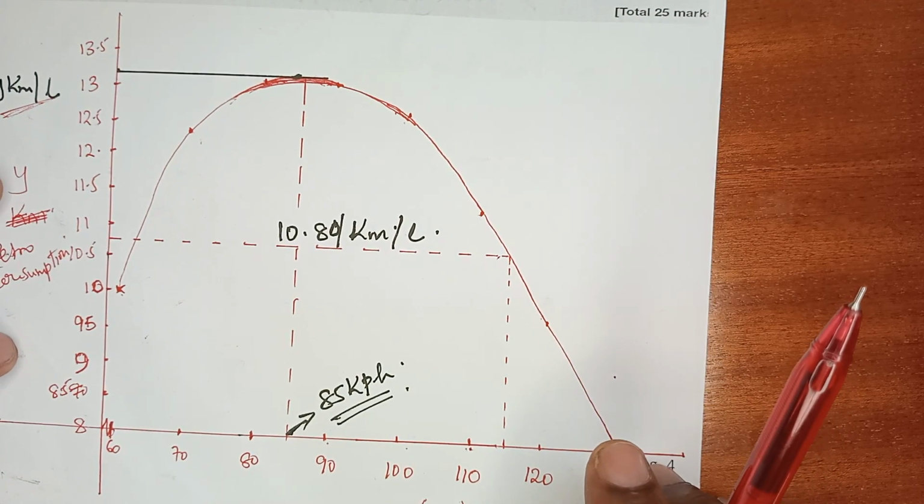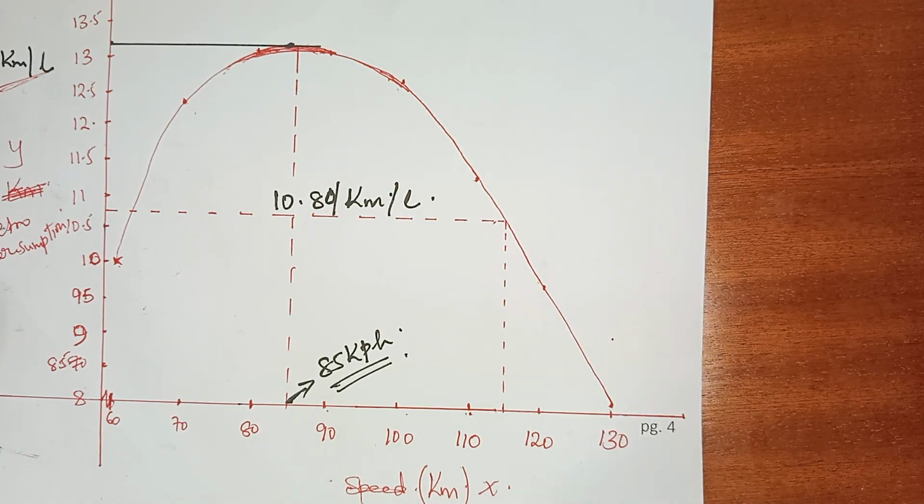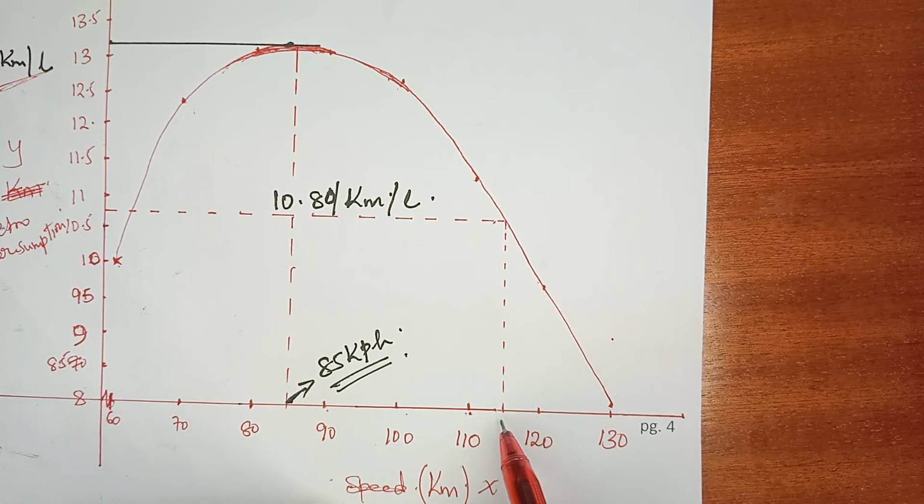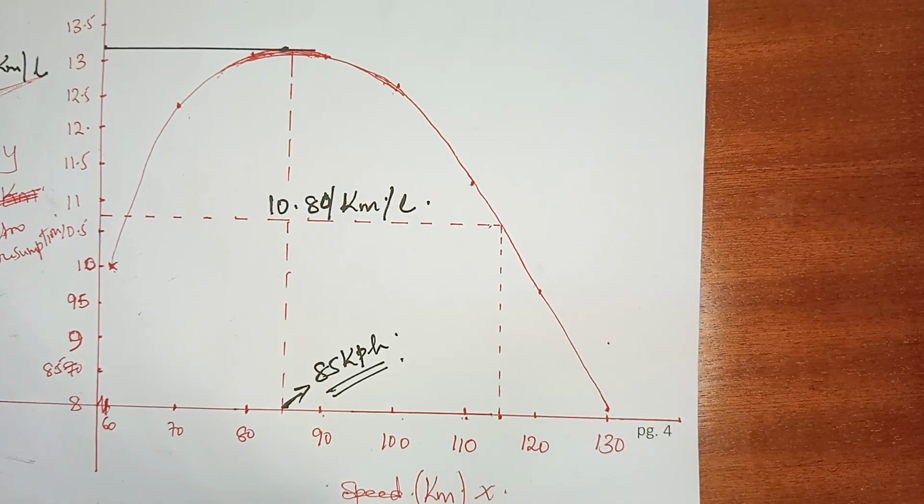What I did and what you should do: you identify 115 kilometers per hour, which I have identified here.